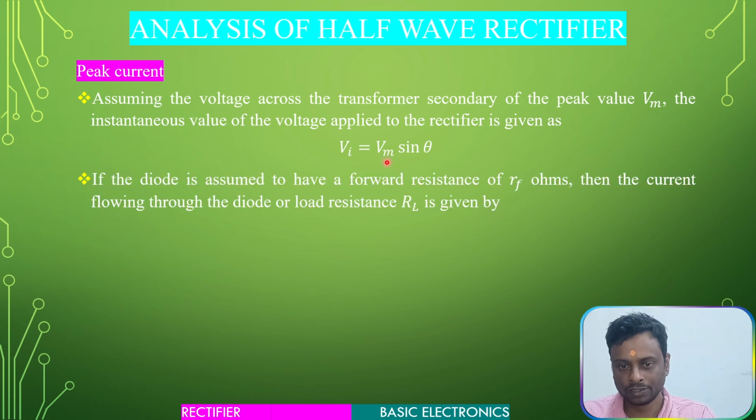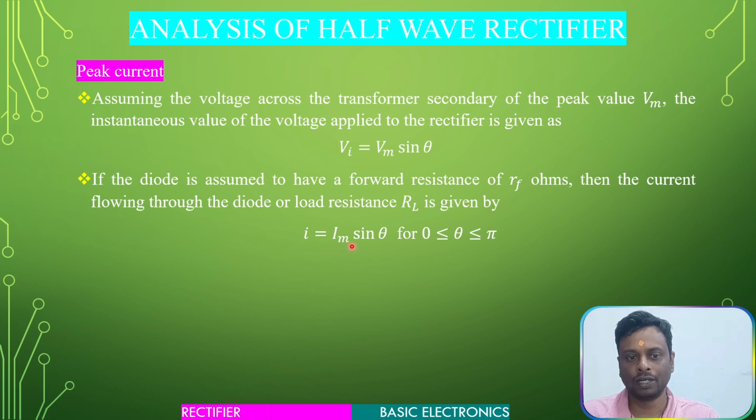Let us assume that the diode has a forward resistance of Rf. The current flowing through the diode and load resistance RL will be I equal to Im sin theta.